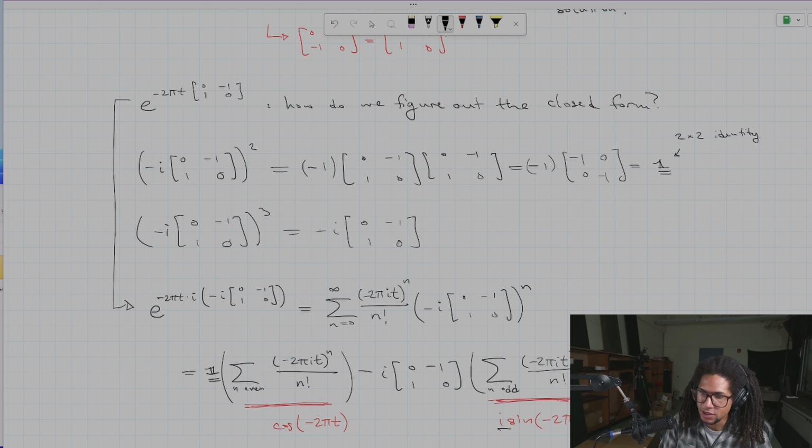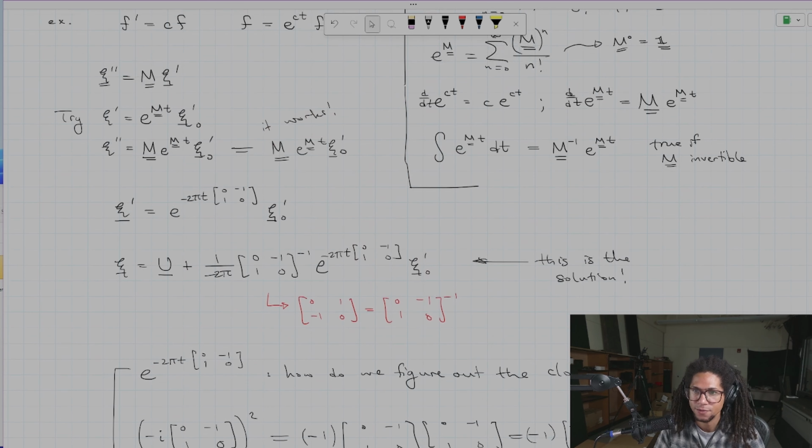And then look, this I and this I are going to cancel to a plus, but then we'll get a minus from that minus sign, since sine is odd, minus 0 minus 1, 1, 0 times sine 2 pi t. And now we're out of the exponential. We don't have a matrix exponential anymore. We just have some functions times constant matrices.